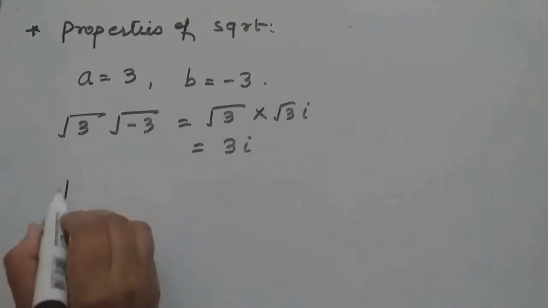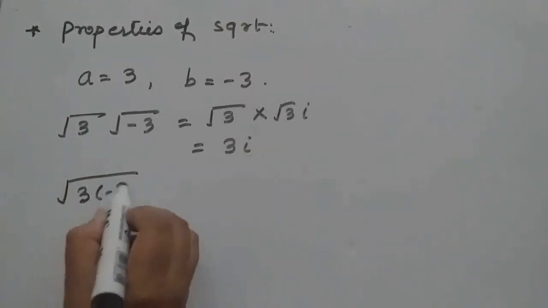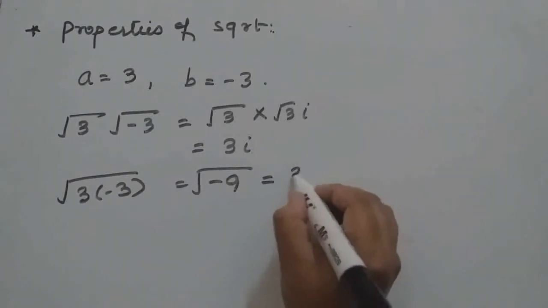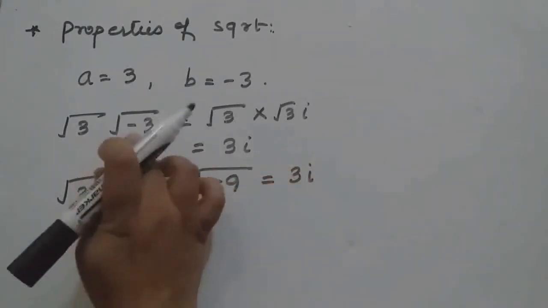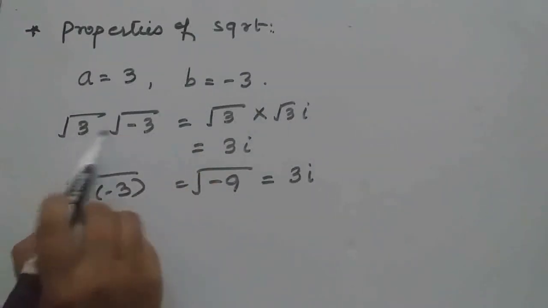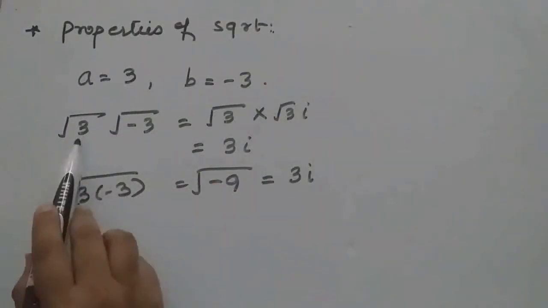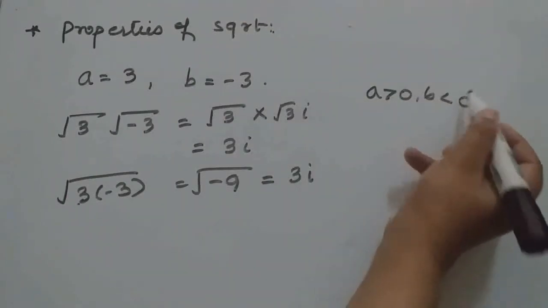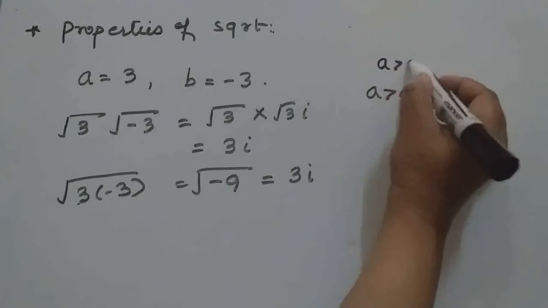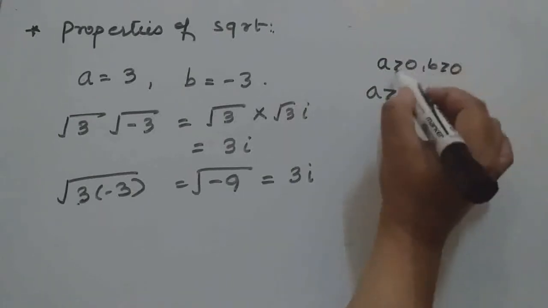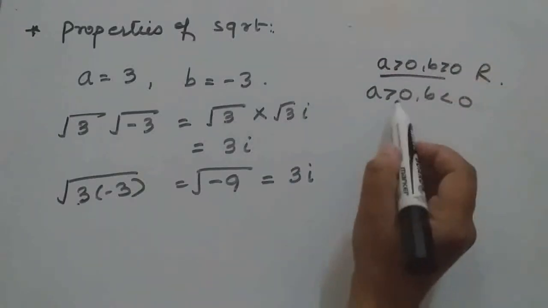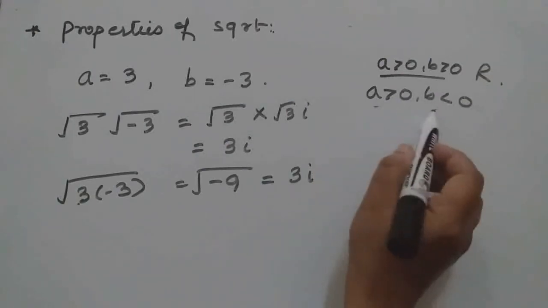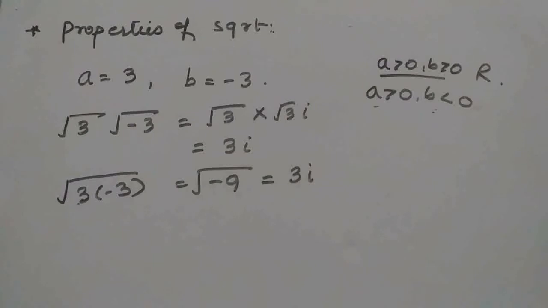And using this rule, 3 into minus 3 will be minus 9, root of which is also 3i. Okay, so in this case, one number is negative and the other number is positive, means suppose a is positive, b is negative. See, in the both positive case we saw it for real numbers, and here if one is negative and one is positive, then also this property holds true.